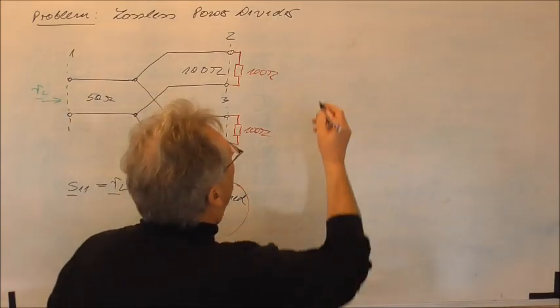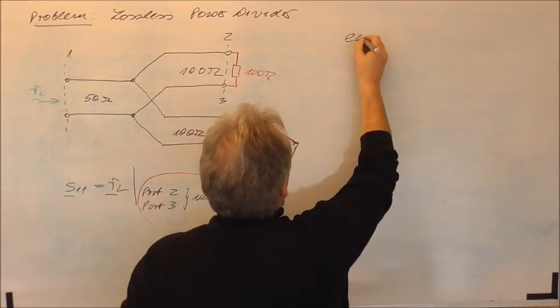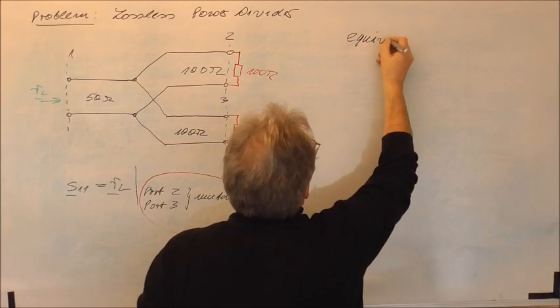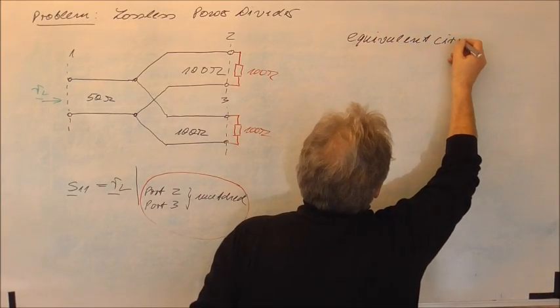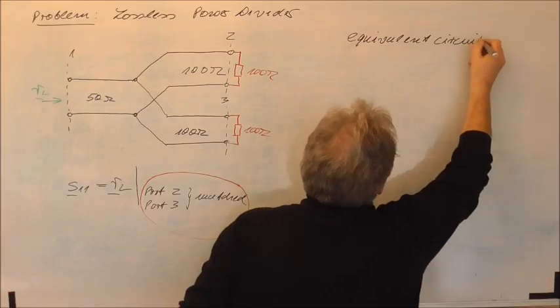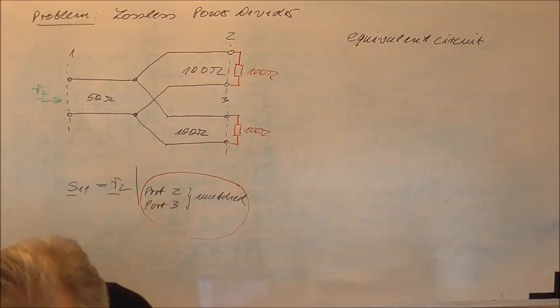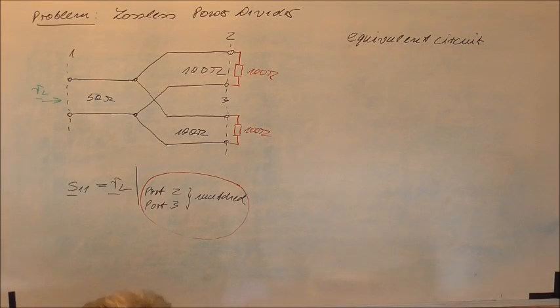So the equivalent circuit would be... Sorry. I think the drawing is not correct, right? I mean you missed the port. Which port? For port 2 and port 3 the 100 ohms.